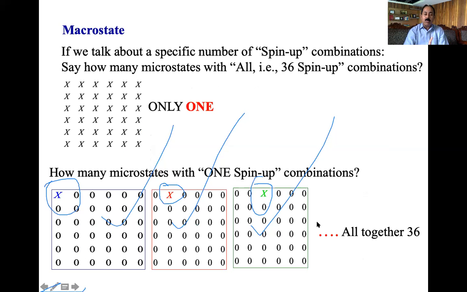Now, only one will be spin up. We get 36 such microstates which form another macrostate. So the combination of microstates subject to fulfilling some conditions, a common nature, forms the macrostate. So this is another macrostate which is defined by the only one spin up combination, right?